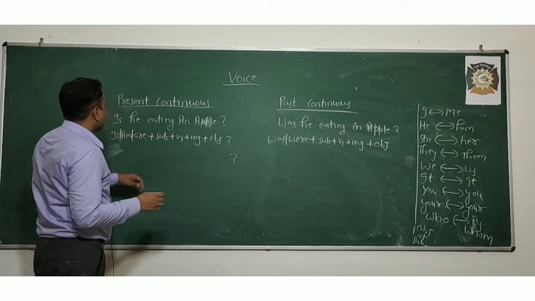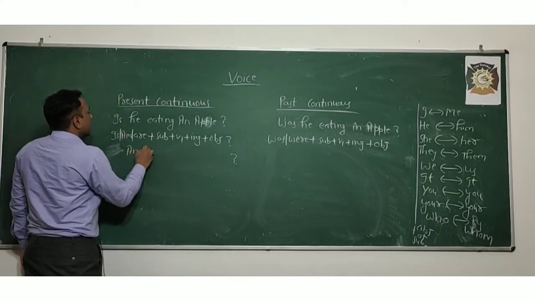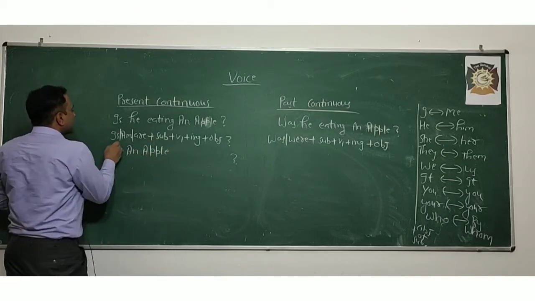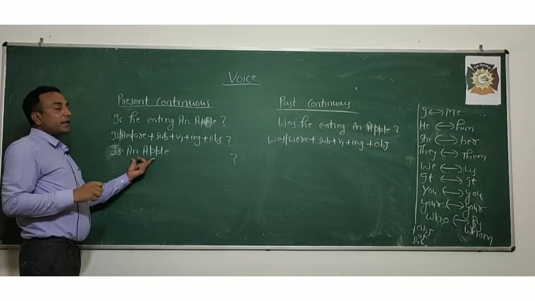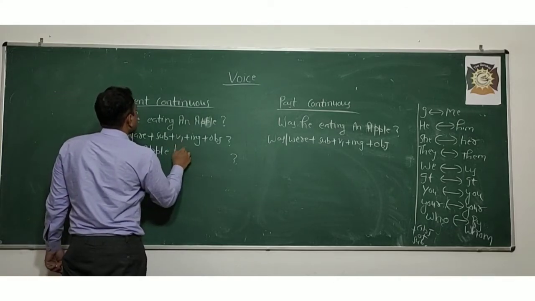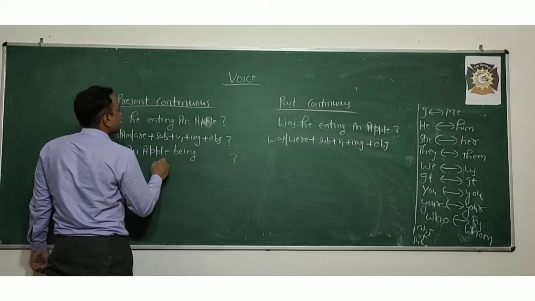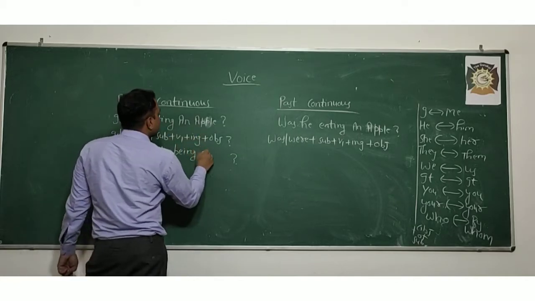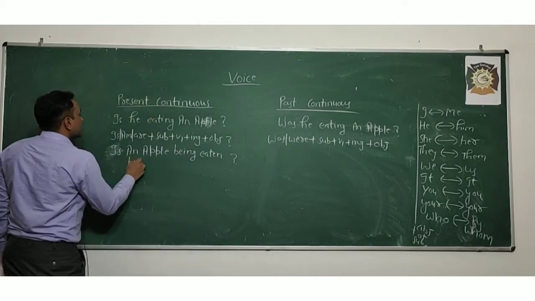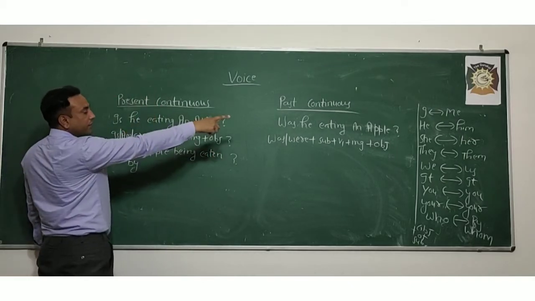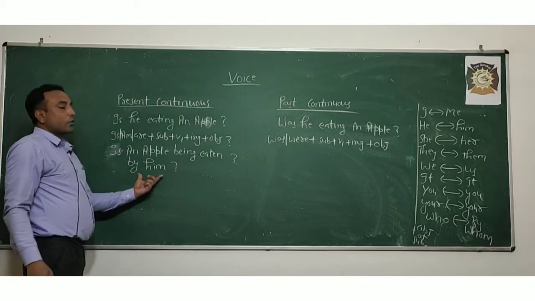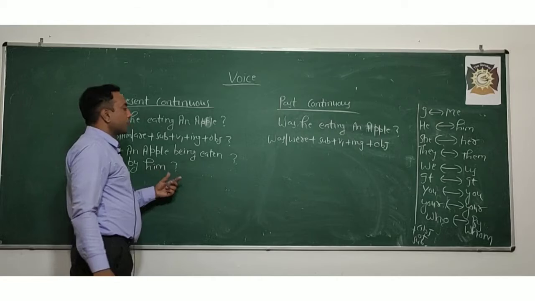So an apple is a single apple. So again, is an apple being, eat, ate, eaten, is an apple being eaten by, he changed into him, I have written there, he changed it to him, and at the end question mark, we will use a question mark.